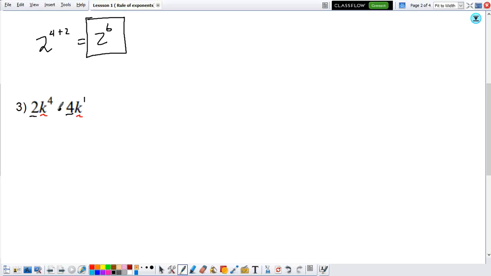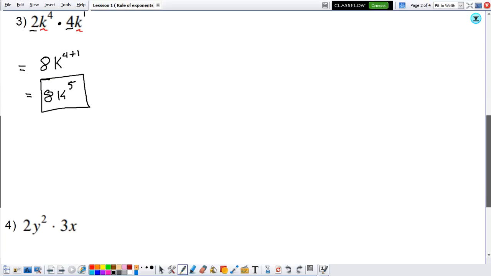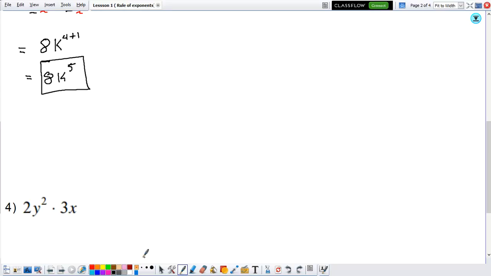So let's actually perform the operation. So let's multiply the numbers. 2 times 4. That gives me 8. Now when it comes to the exponents, because you're multiplying, you can add the exponents. So that becomes 4 plus 1. So now this becomes 8 k to the 5th.